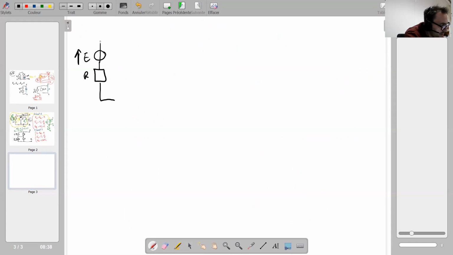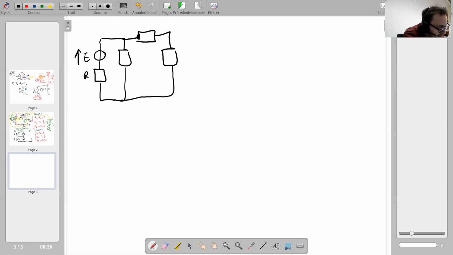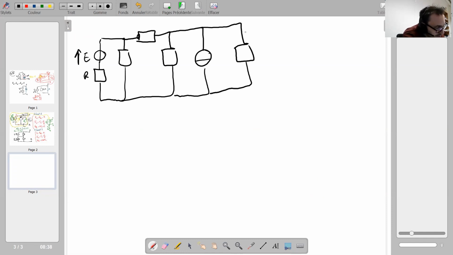So now you can make your own circuit. We were told to have 3 resistors maximum.